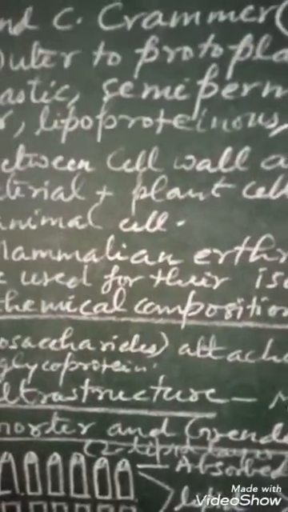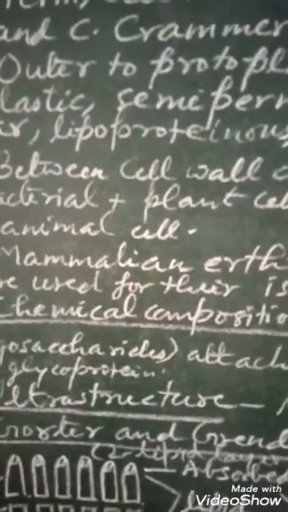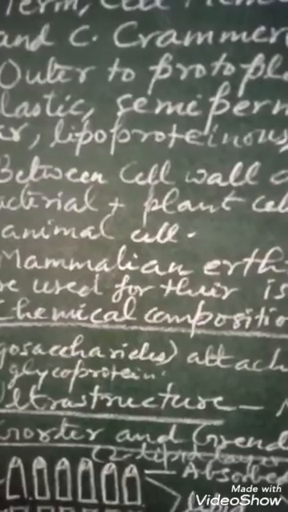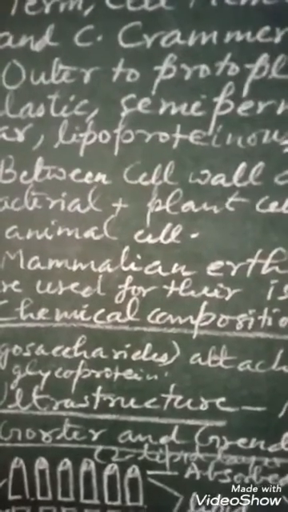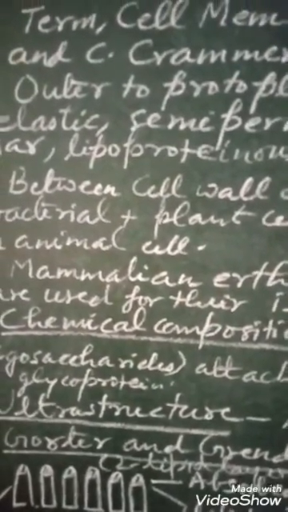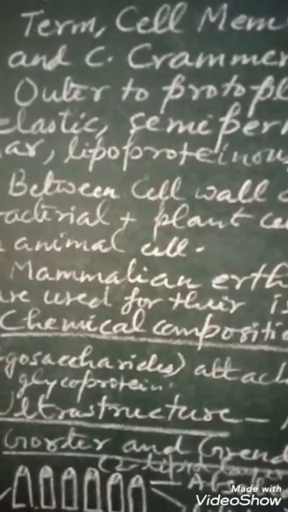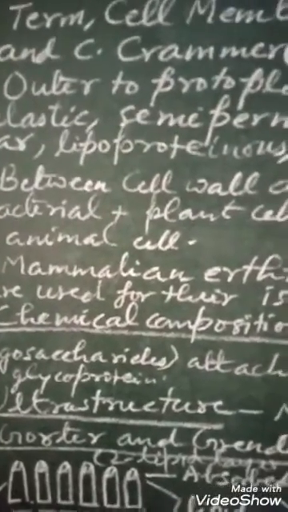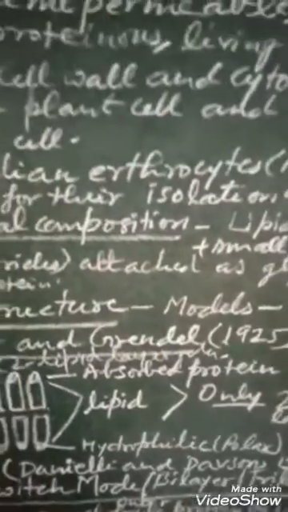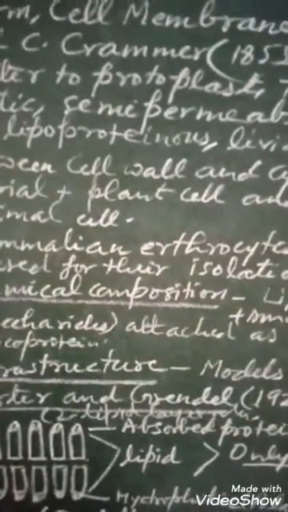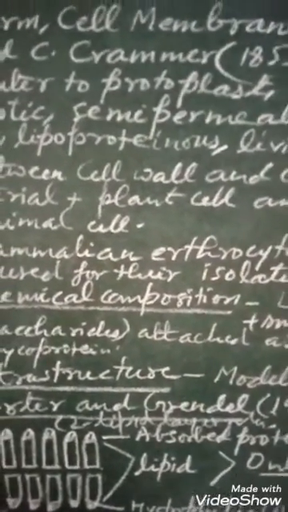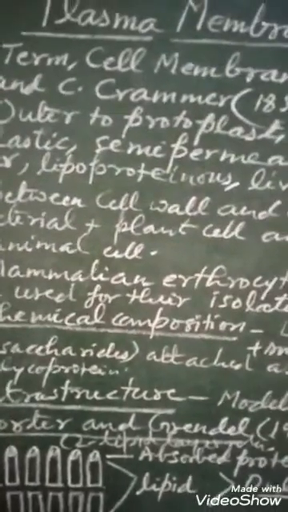The main lipids of the plasma membrane are phospholipids, cholesterol, and glycolipids. Based on the location in the biological membrane, the proteins may be 20 to 70%, and these may be of two types.